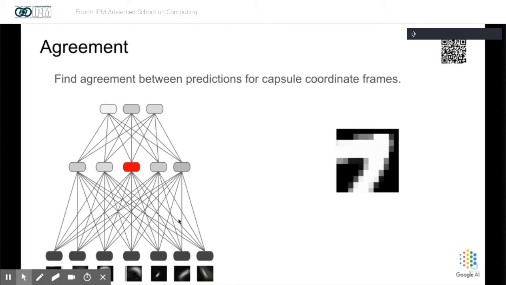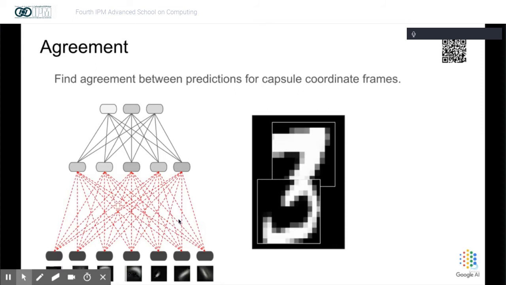So assume that you have a model that can detect these 7 parts and fill the first layer with the coordinate frames. Each first layer capsule transforms their coordinate frames and sends 7 predictions to each mid-level capsule. But not all predictions of the first layer capsules belong to all the mid-level capsules.